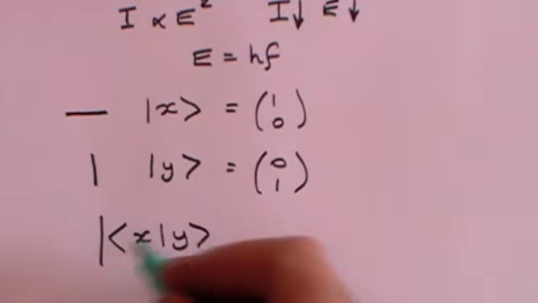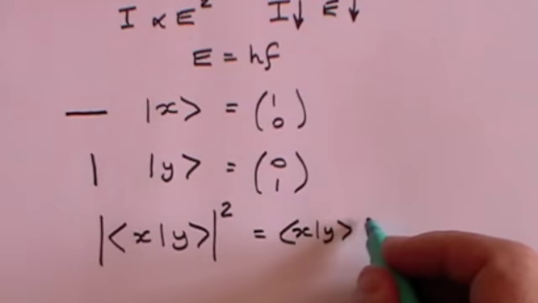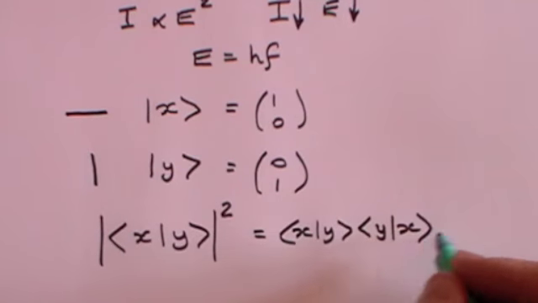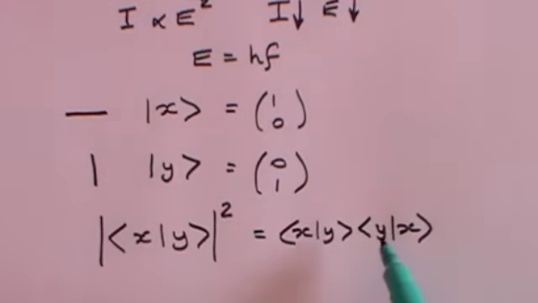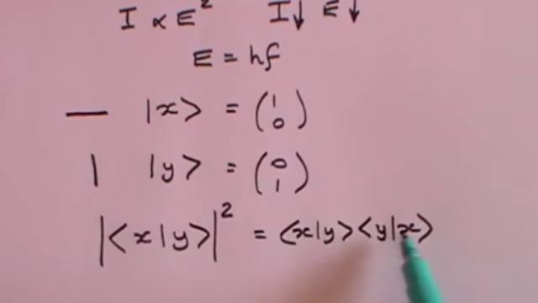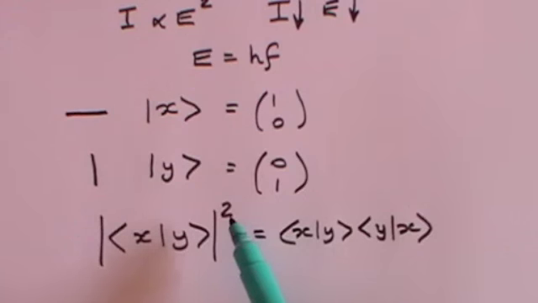Or to be absolutely precise, you have to take the probability amplitude and multiply it by its complex conjugate. Remember we showed that yx is the complex conjugate of xy. Now as it happens, you'll notice that there are no complex numbers in these vectors. So for the time being at least, this nuance will not be a worry to us. All we need to do is to take the inner product and square it and we get the probability.